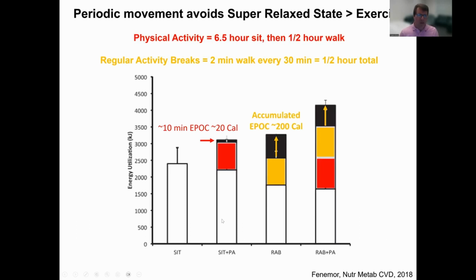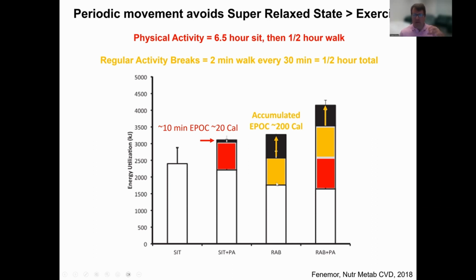So here's a study that looks at sitting and then a half-hour walk, or a 2-minute walk every 30 minutes, total half hour. So same total calorie burn during the activity itself. Now here the red block is the 30-minute walk, and this thick black line on top is the small amount of idling afterwards that's burning calories.